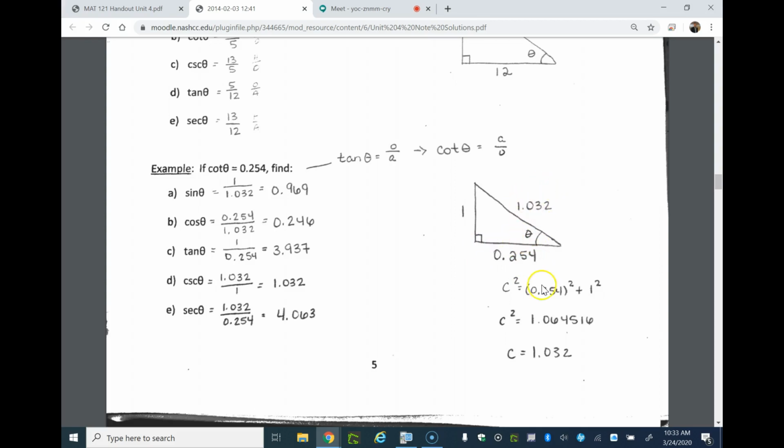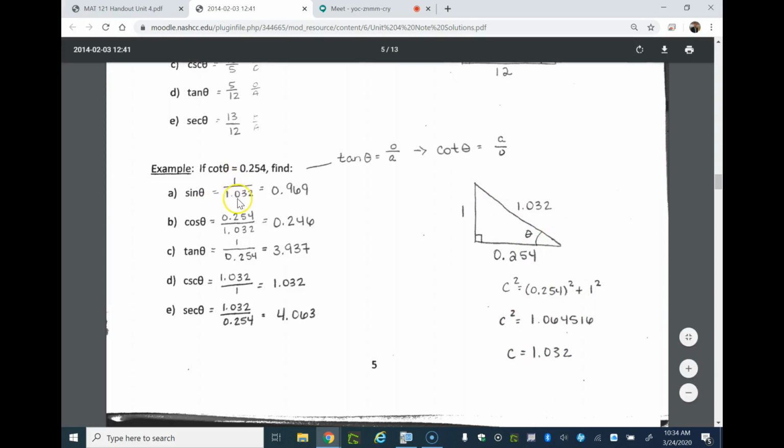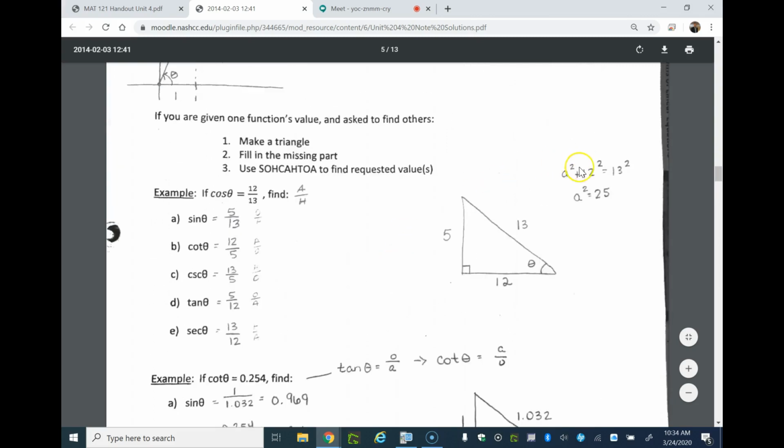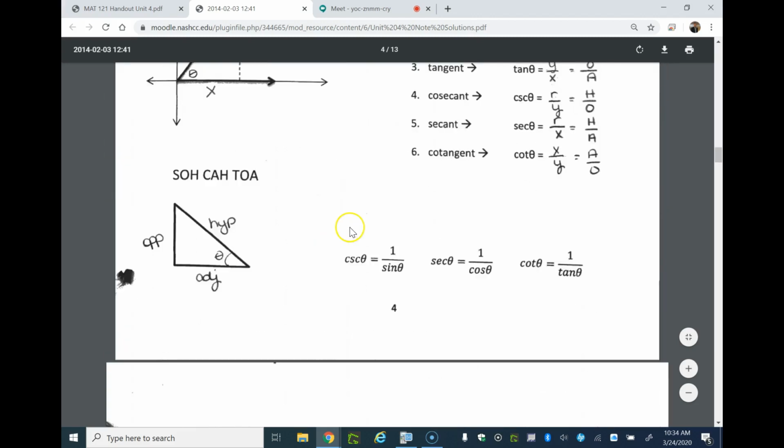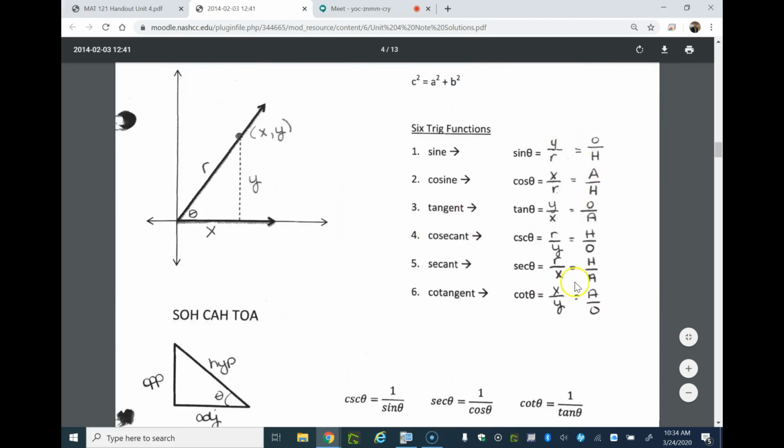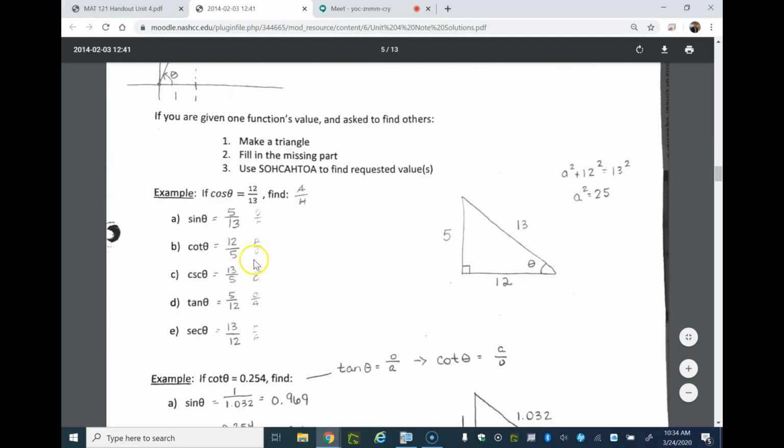And how do we get this part? You just do the Pythagorean theorem. This squared plus this squared, add them together, take the square root of both sides, and here is the missing side, which now we can put together and get this answer. 1 divided by this part gives us this, this divided by this gives us this, and so forth. So you really need to understand the Pythagorean theorem to find missing sides, and you also need to know SOHCAHTOA and y over r, so you can put them into the fractions like we did here.